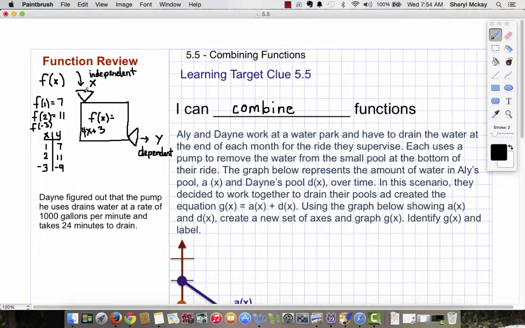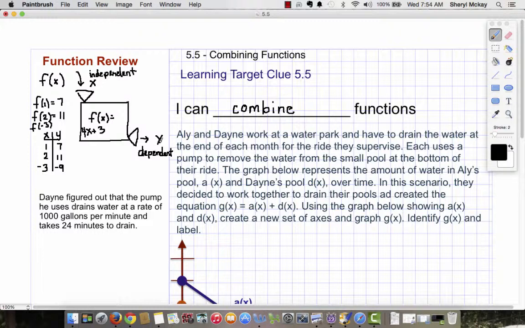Input, output. This f of x is just representing the rule that we do to the x, the independent variable, to get the dependent variable y.